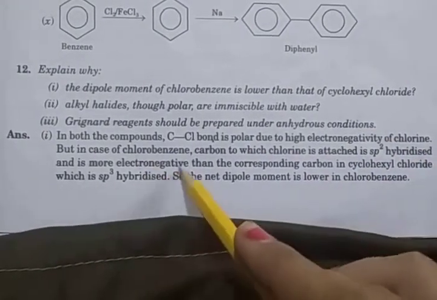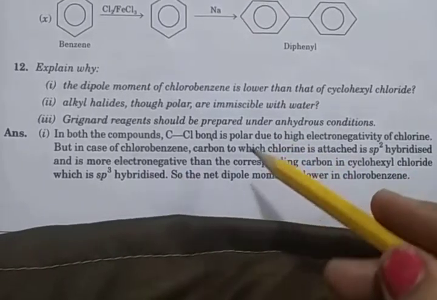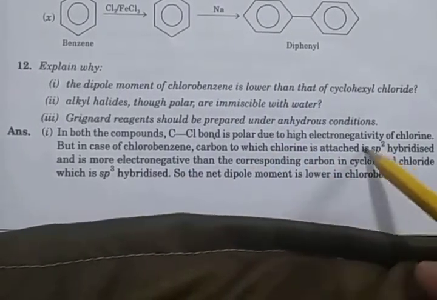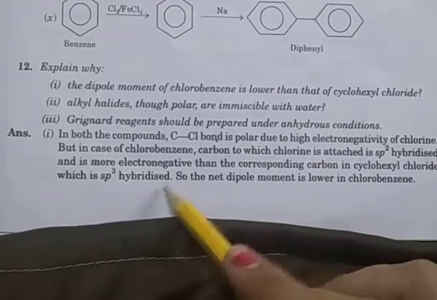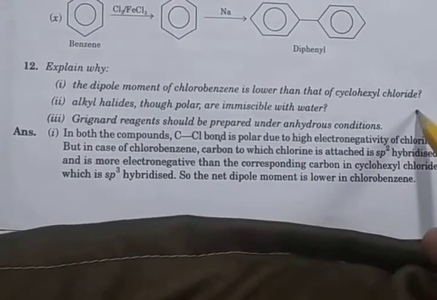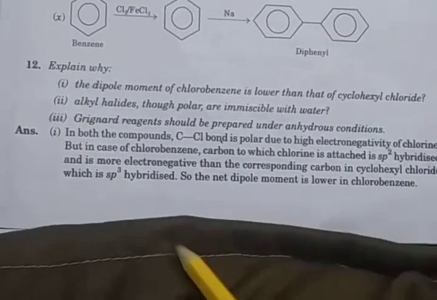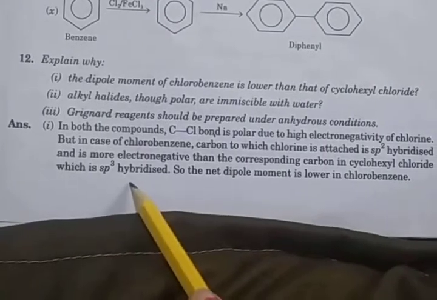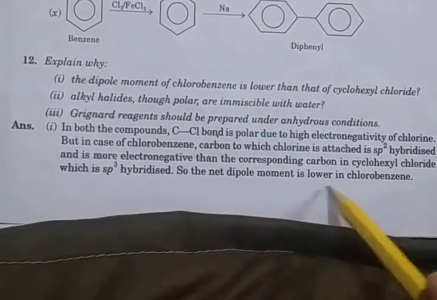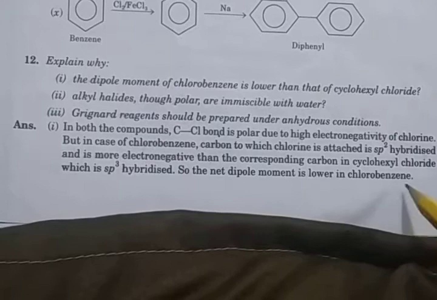But in chlorobenzene, due to resonance, the carbon to which chlorine is attached is sp2 hybridized, so more electronegative. In cyclohexyl chloride there is no double bond, so the carbon is sp3 hybridized, so the net dipole moment is lower in chlorobenzene.